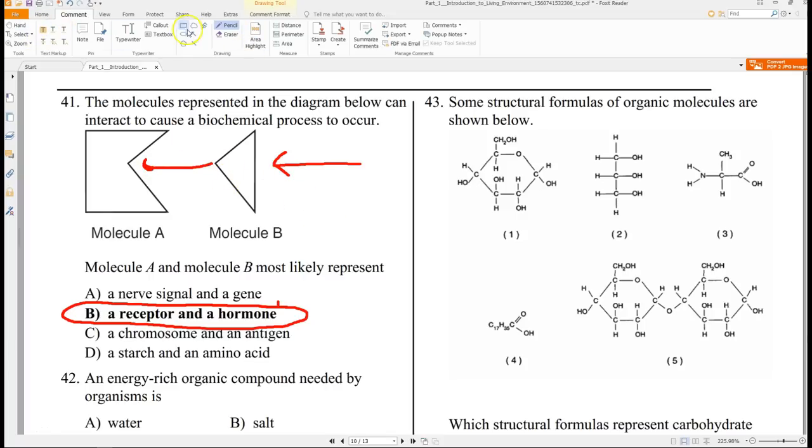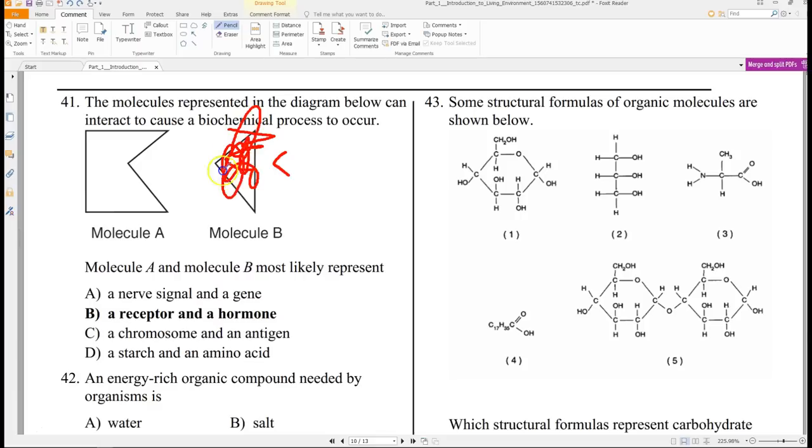If this were a drawing, let's say you didn't have this at all, and you just had a receptor molecule, they can ask you, draw a hormone that will react with this receptor molecule, and you would draw the perfect triangle that would fit, and shade it in if you want to. You don't have to shade it in.